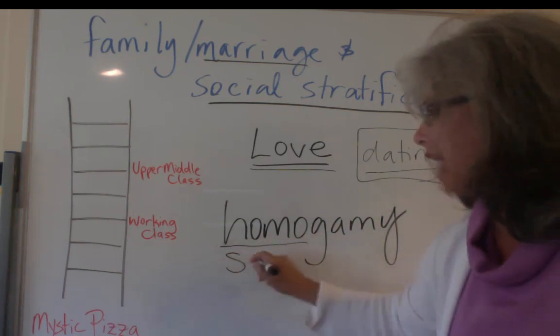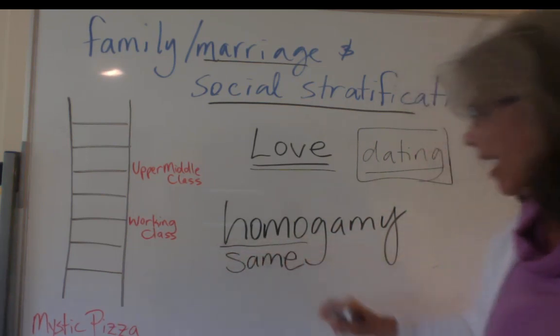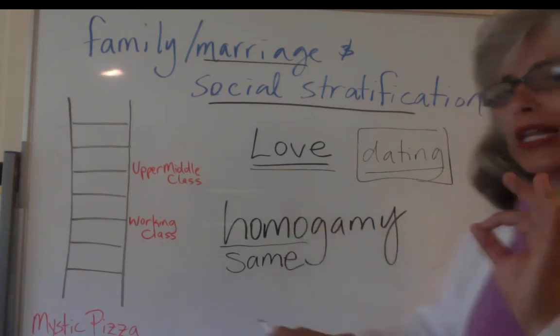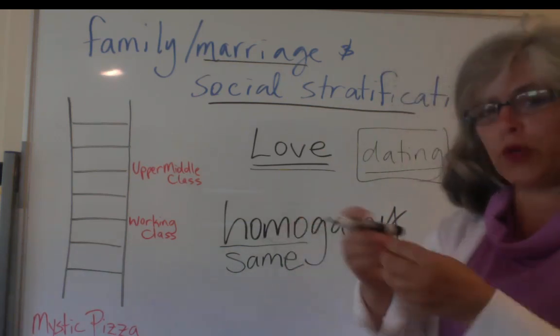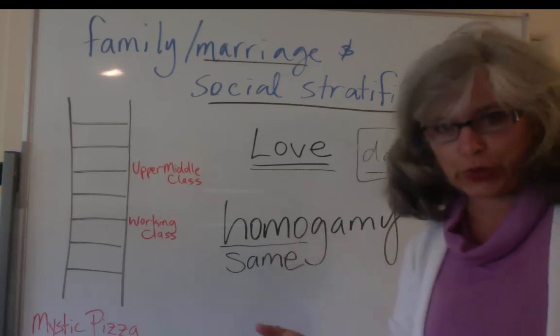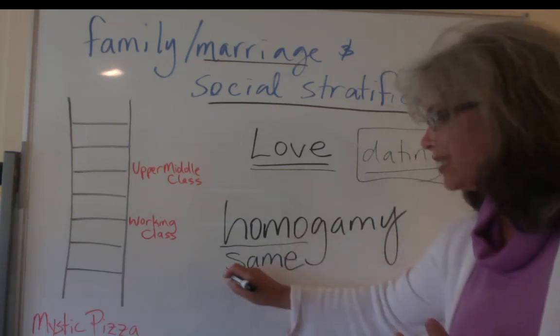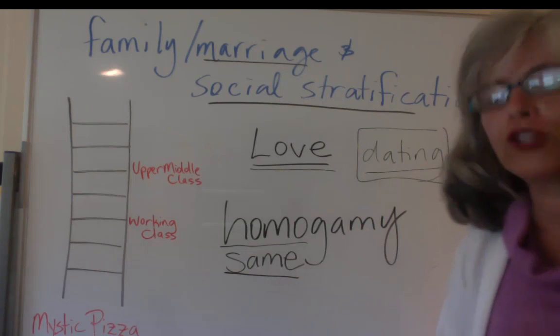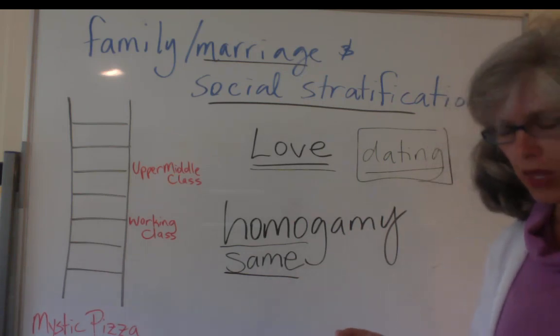This means same. In this case, this is a marriage selection process in which the people who are going to be married typically choose a mate who has the same social characteristics as they do. And let's look at why.